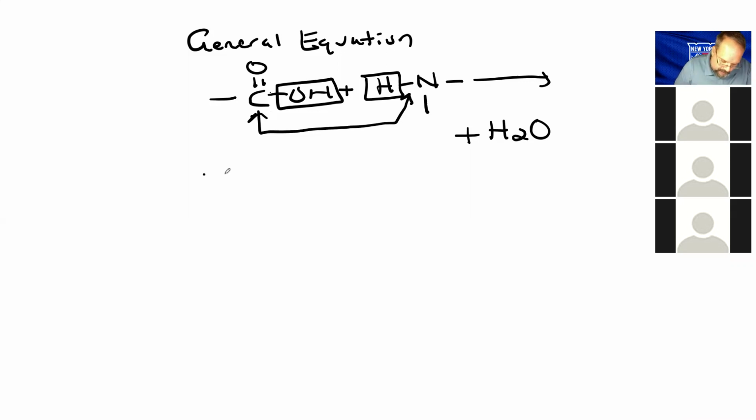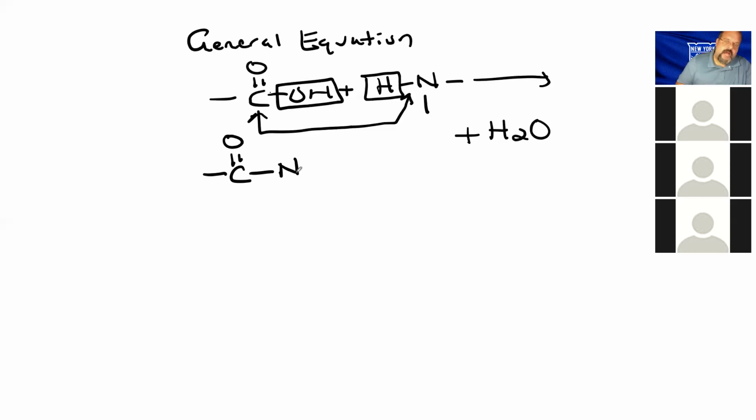When I draw the product, and you'll see this as we do some examples in a moment, I like to start with the carboxylic acid portion first. Everything stays the same until I get to the C double bond O carbon. And from there, now I have my connectivity to the nitrogen of the ammonia or the amine.